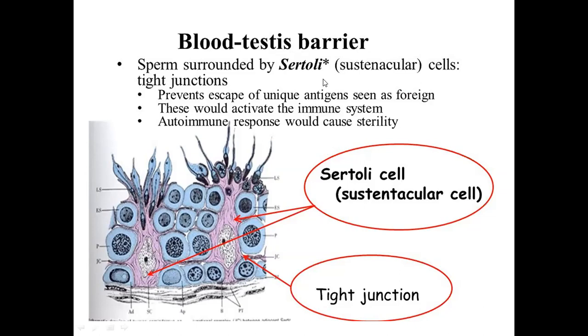Now, the main function of this blood testis barrier is to prevent escape of the unique antigen, that is the sperm, because they are recognized as foreign antigen by our body. So, to prevent the immune attack over the sperm and to prevent the antigen from escaping into the blood vessels, the blood testis barrier is very important.